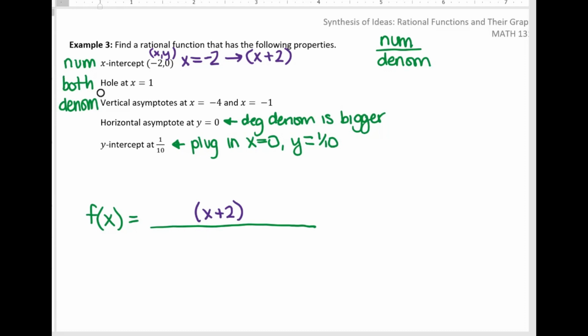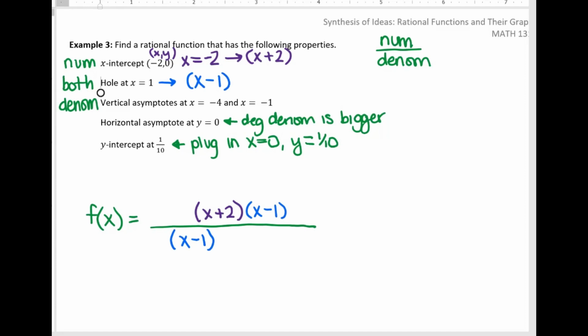We have a hole at x equal to 1. That tells us our factor is going to be x minus 1. And we said that needed to show up in both top and bottom, or both numerator, denominator. So we're going to have x minus 1 up top and x minus 1 in the bottom.